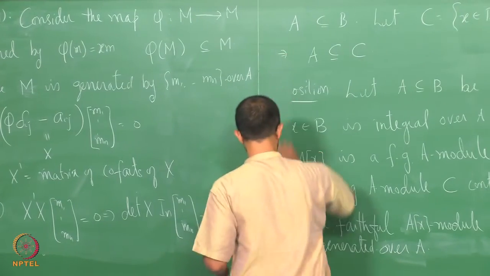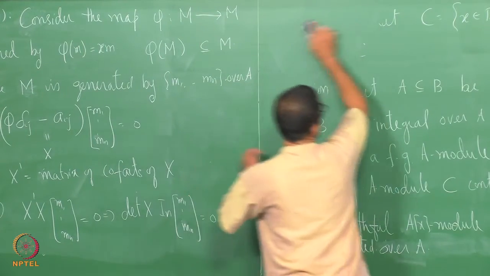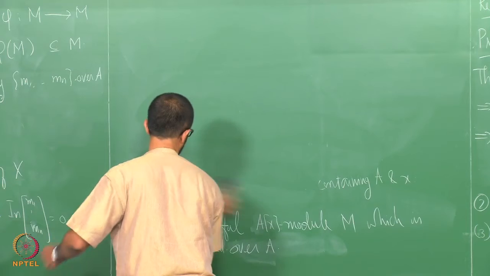Now, we need to use that the module is faithful over A[x].